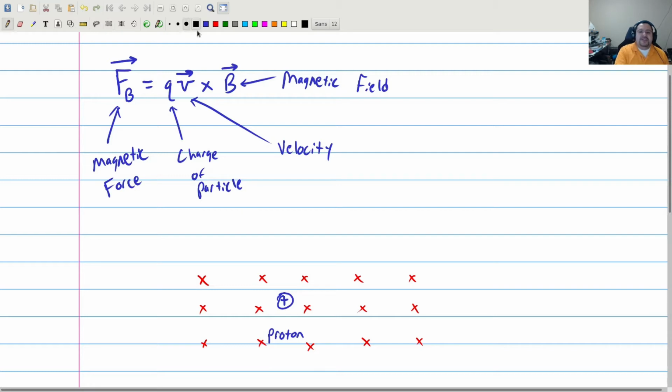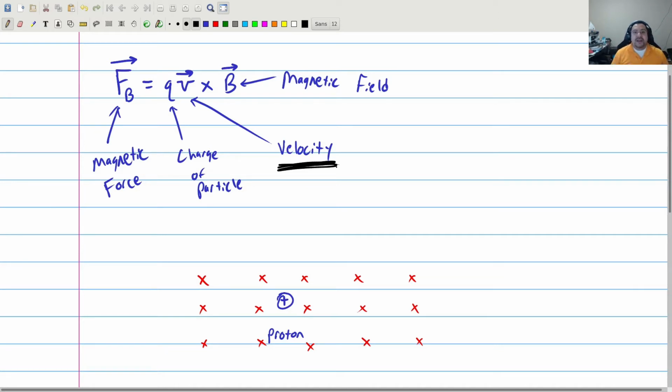All right, so the first thing you need to realize is that magnetic fields affect only moving particles. If this velocity is 0, the force will be 0. And that proton will sit there forever because objects at rest stay at rest.